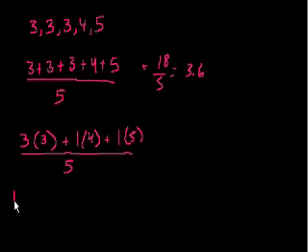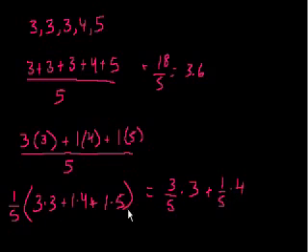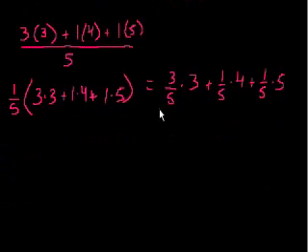This is the same thing as 1/5 times 3 times 3 plus 1 times 4 plus 1 times 5. And then if we distribute this 1/5, this is equal to 3/5 times 3 plus 1/5 times 4 plus 1/5 times 5. Just so we can see it in a bunch of different ways, let me express these as decimals.